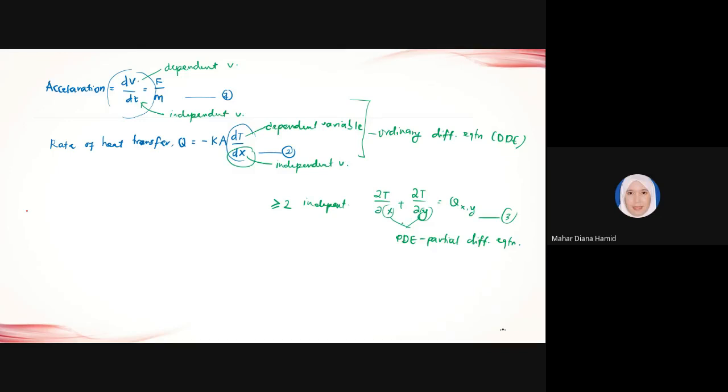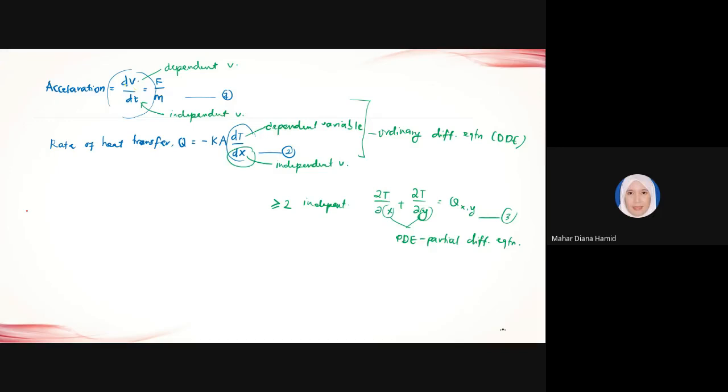in addition to the number of independent variables, the symbol for the differentiation is also different. This is due to the fact that if we have one independent variable, we're going to differentiate the dependent variable only with respect to one component.